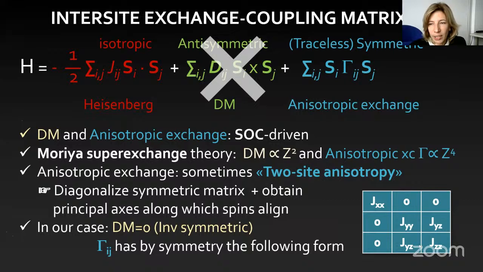So when we calculate this J tensor, we will have only symmetric terms, and in particular there will be also some zeros in the matrix, dictated by the space group that characterizes the nickel halide. So there are in total four independent terms, three on the diagonal and then one symmetric term.